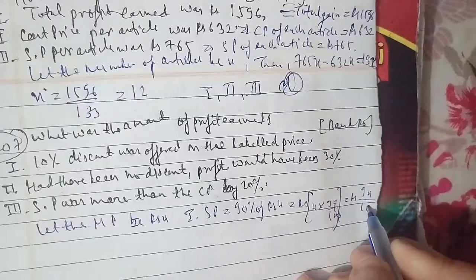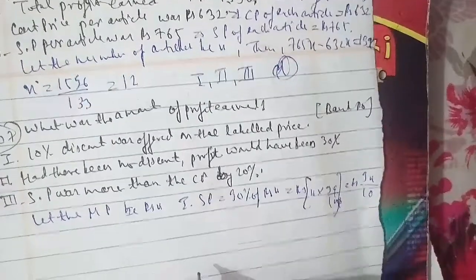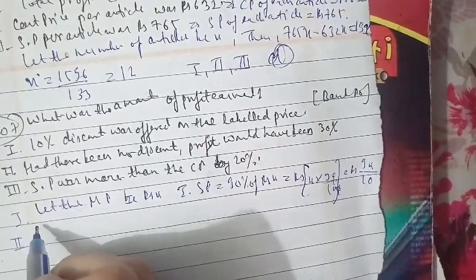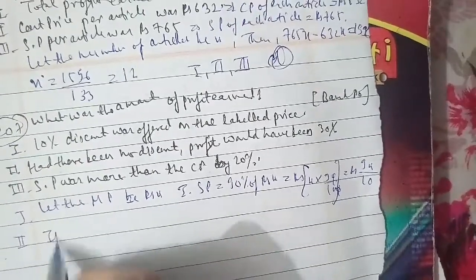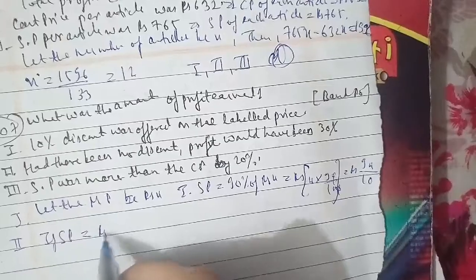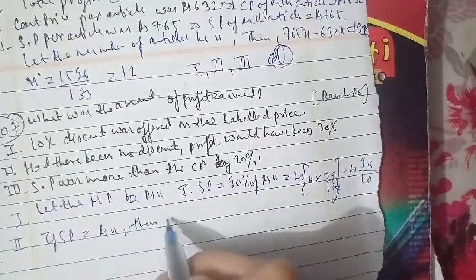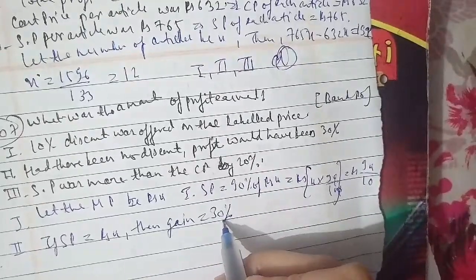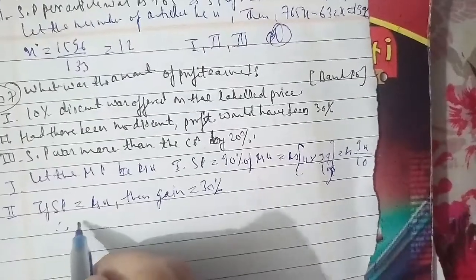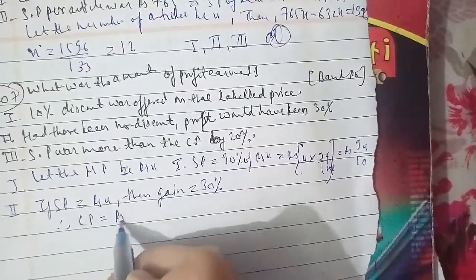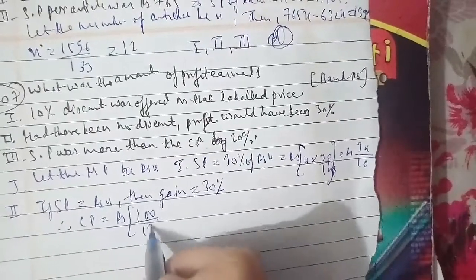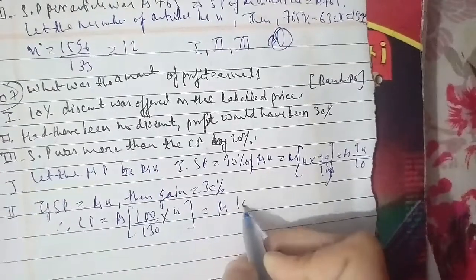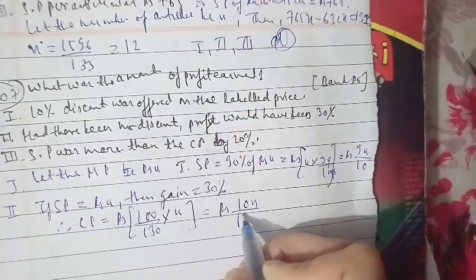For the second one, if selling price equals rupees X, then gain equals 30%, and cost price equals rupees 100 upon 130 into X, equals rupees 10X upon 13.